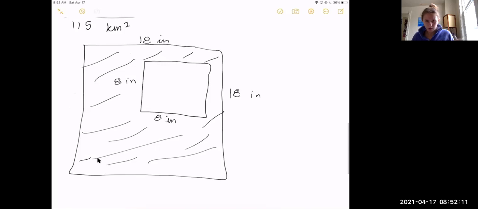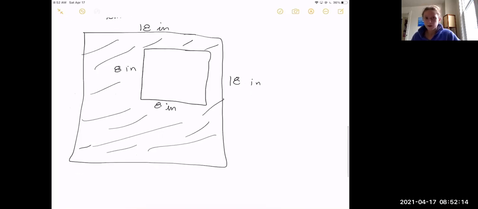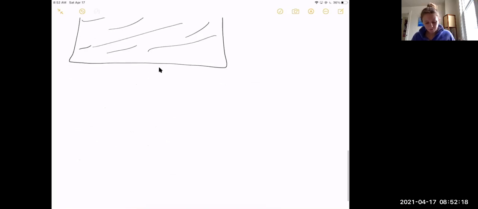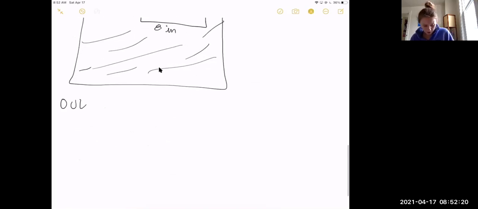Again, using the same process as we have been, for the outer we have 18 inches times 18 inches, which is going to give us 324 inches squared.